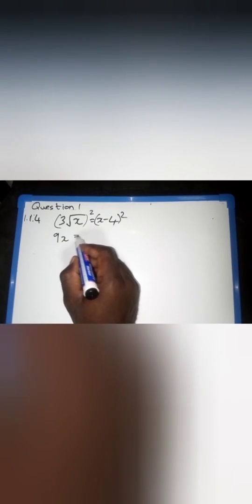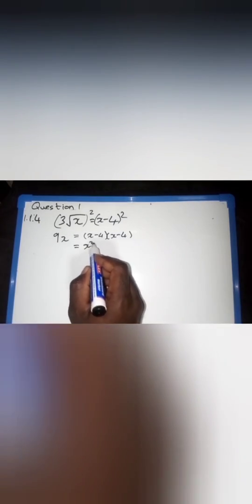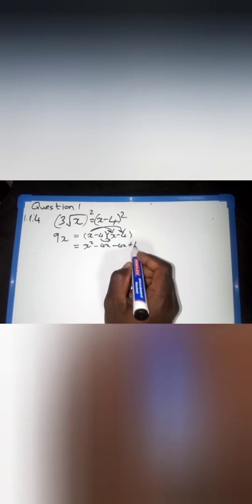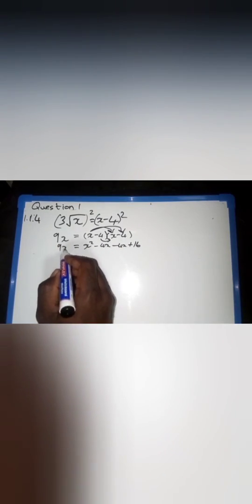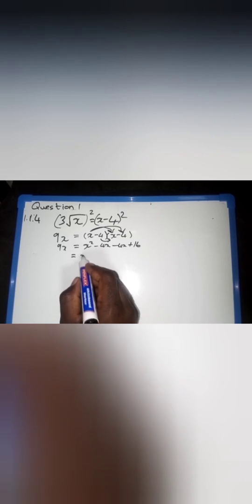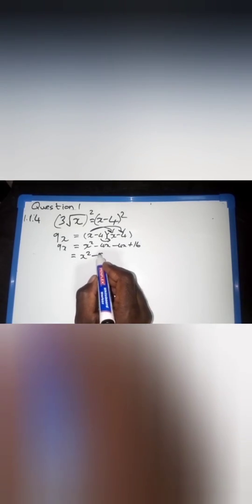And then from then on, I square the other side as well, which will be x minus 4, x minus 4. I get x squared, multiply in, expand, I get negative 4x plus 16, and here what? 9x, which will be equal to x squared minus 8x plus 16.